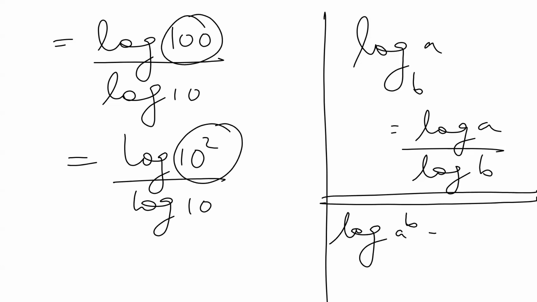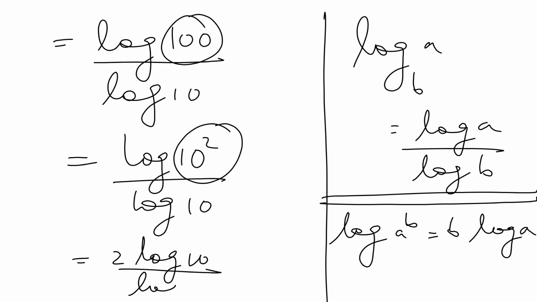Then log a raised to b is b log a. So 2 log 10 upon log 10. So log 10 is getting cancelled. We are left with 2. Hence proved.